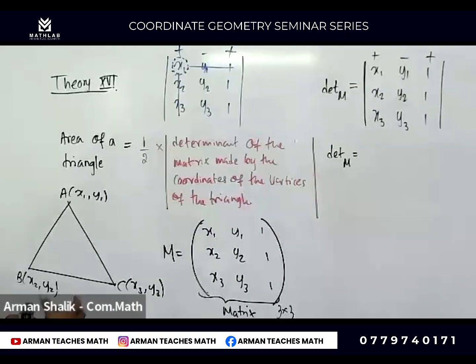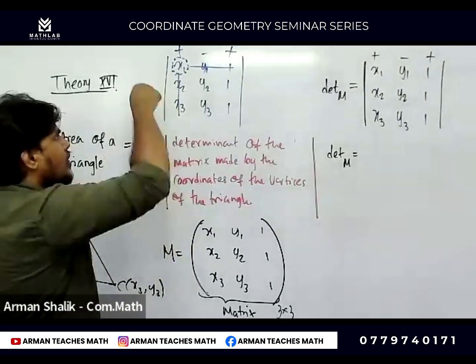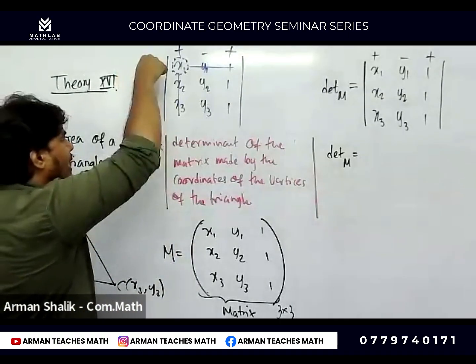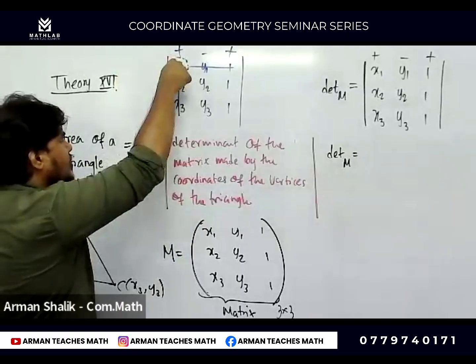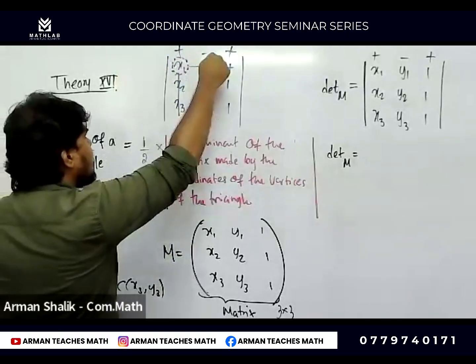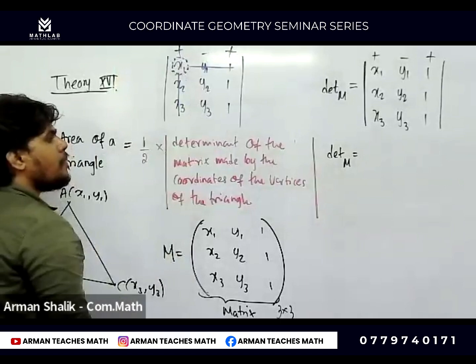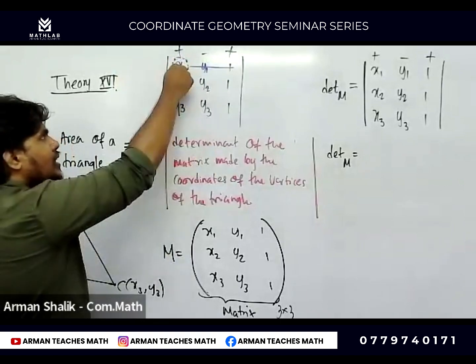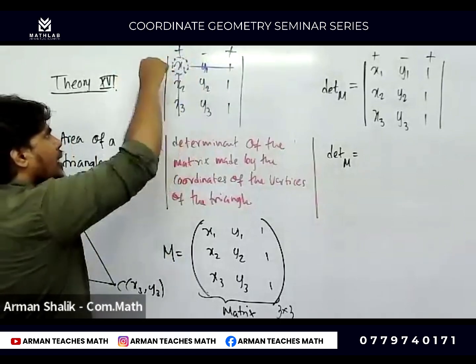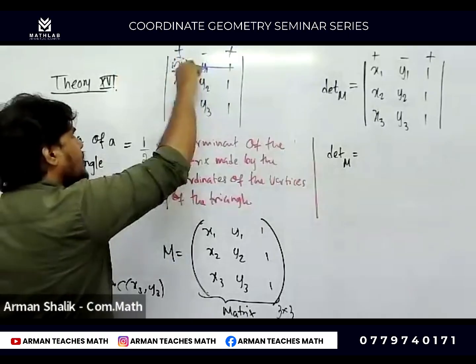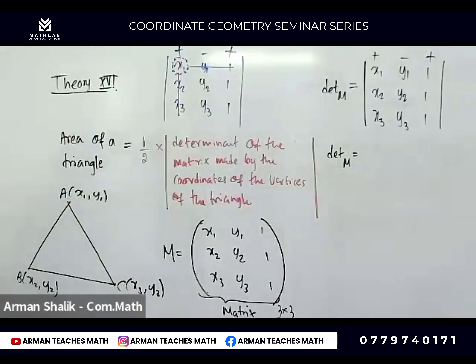Now what do we select? In the first row we take the first term. Only the first row, first term, second term, third term are considered. If I'm selecting the first term, it belongs to the first column and the first row, so the first column and the first row are discarded. Remember the process. This is a long calculation.